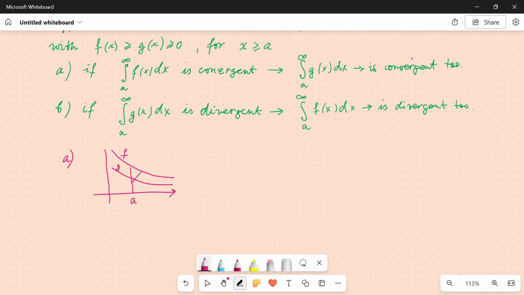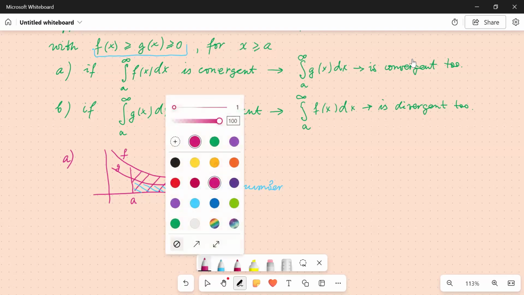The theorem tells us that if this integral is a number, then the one below is going to be just a smaller number. The one below cannot be infinity because you can see from the picture that this smaller one plus extra is going to give you the number of the top one. That's why it's important to have all of them greater than 0.